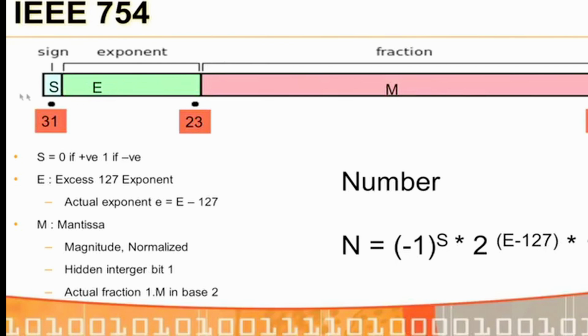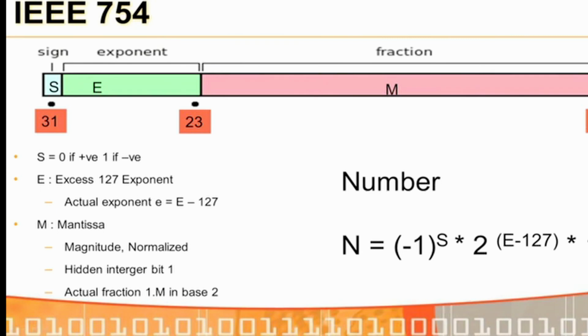Suppose I am storing s, e and m. The value of this is minus 1 power s, so if s is 0, then it is 1; if s is 1, it is minus. Into 2 power e minus 127, because you have stored it in excess-127 format, into 1 point m.